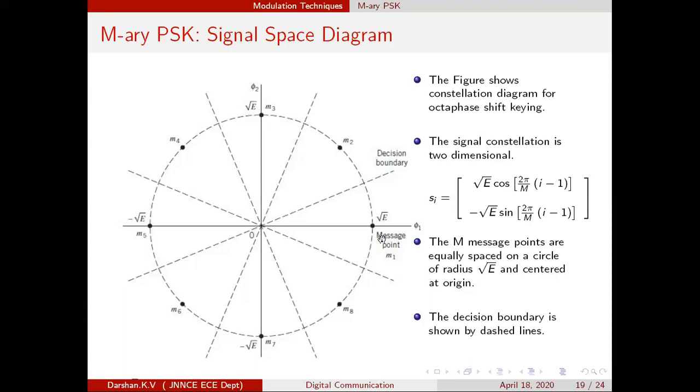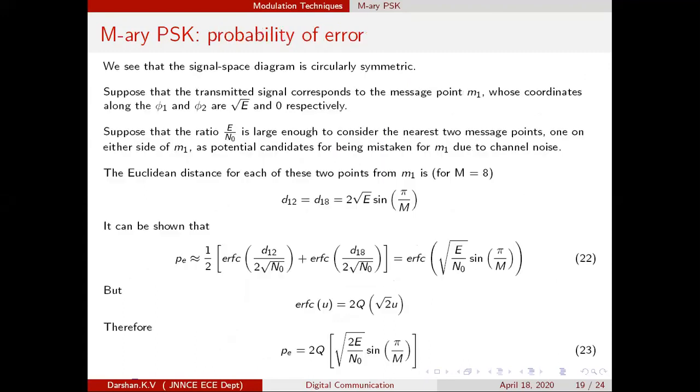Remember, again, we are not deriving, we are using the expressions. So let me read out the concepts which have been written. The signal space diagram is circularly symmetric, which I have already told, and let us transmit the message M1.